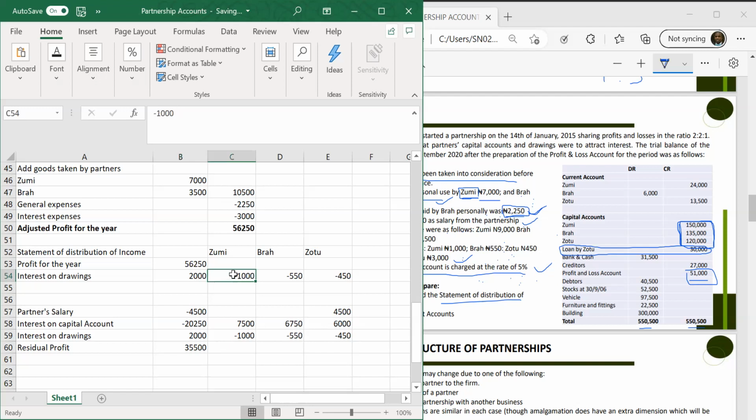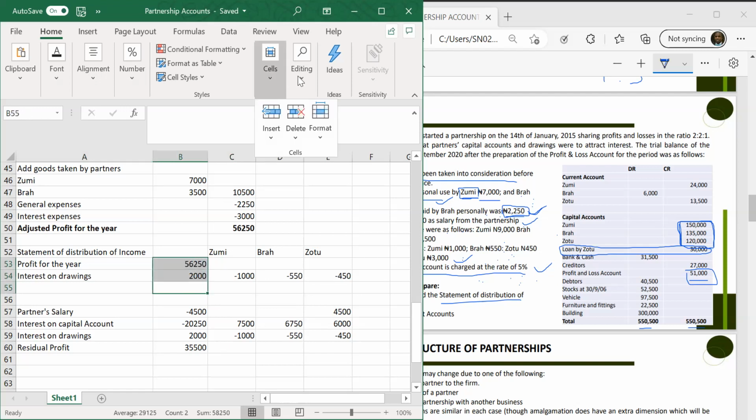But you know this money that they are charging the partners themselves, this profit will be shared among the partners. Do you agree with this or not? Yes, sir. Okay. So meaning that the total money to be shared is how much now? 58,200. Do we agree up to this point?